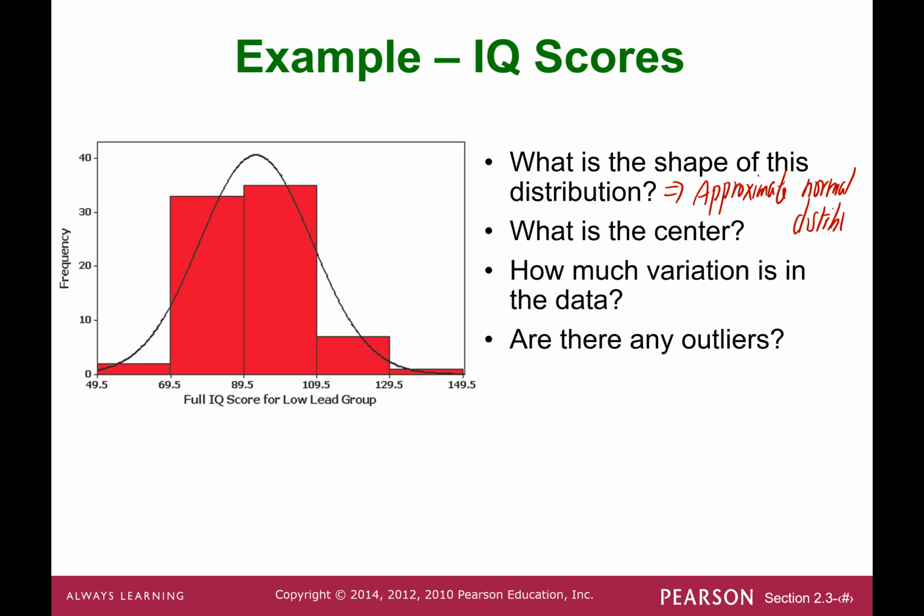And the center is somewhere here, right in the middle of the bell curve. If you look at the center of the bell curve, half of the data should be below the center, half of the data should be above the center, and form a mirror image based on the center right here.